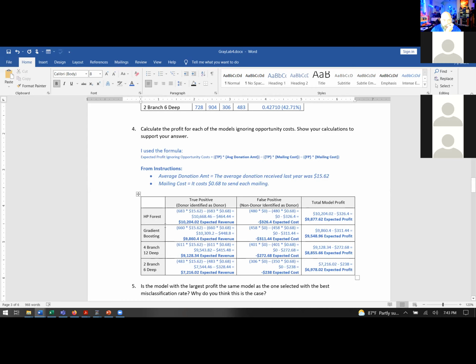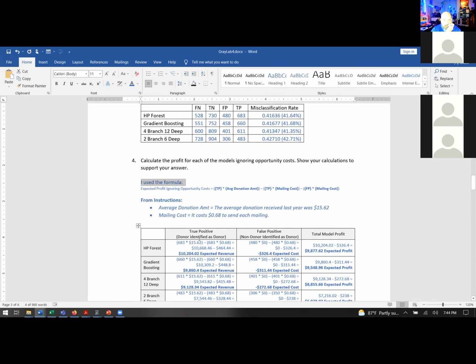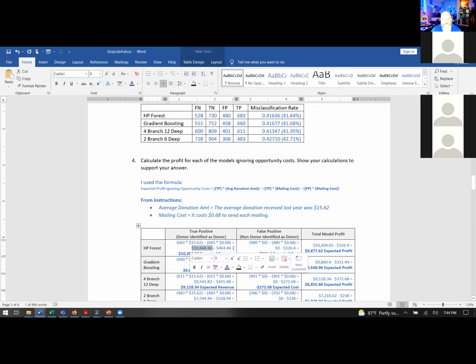And so that broke it down into this table here, where, let me scroll, get rid of this little chat bar. So for example, for the HP forest, our true positive, so donor is donor and was correctly identified as donor, multiply that by that, then the same thing by the cost, and then basically after this is how much money we would make.